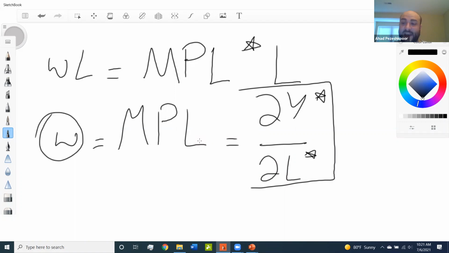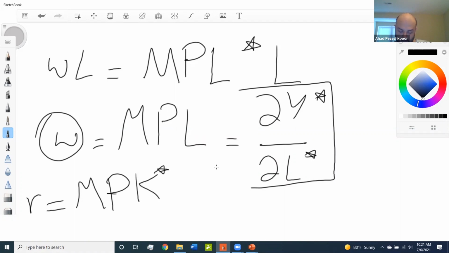This W stands for wage. R stands for rent, the marginal product of capital at equilibrium. We call this the equilibrium point.